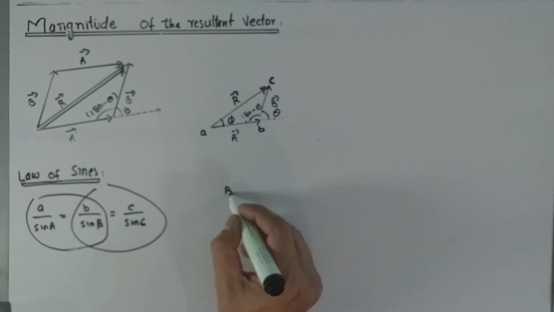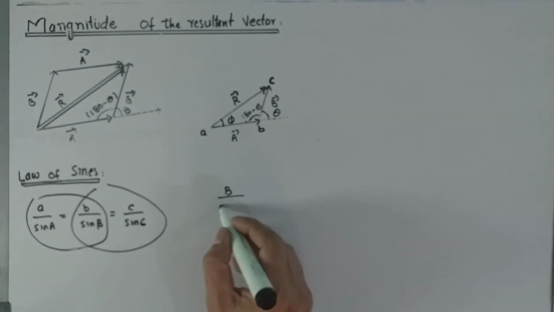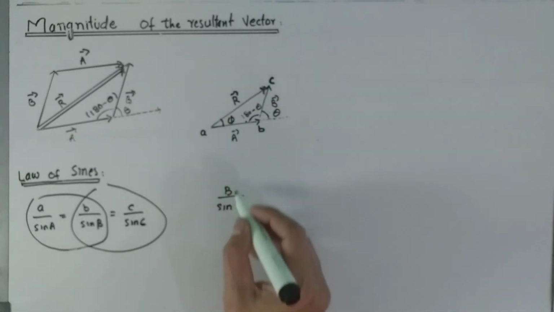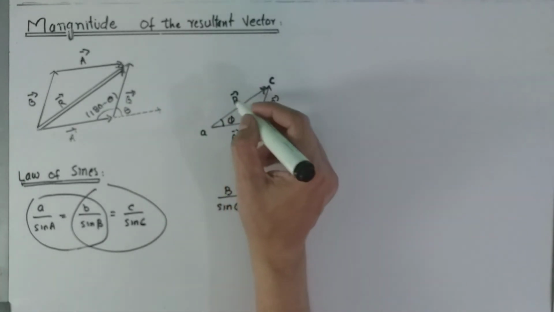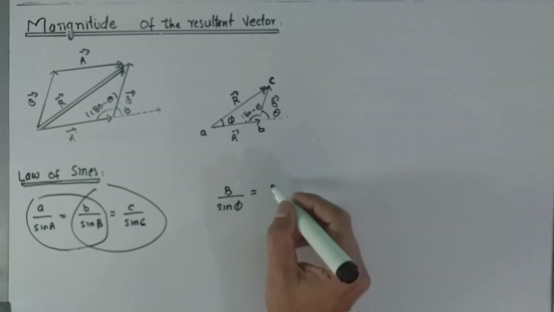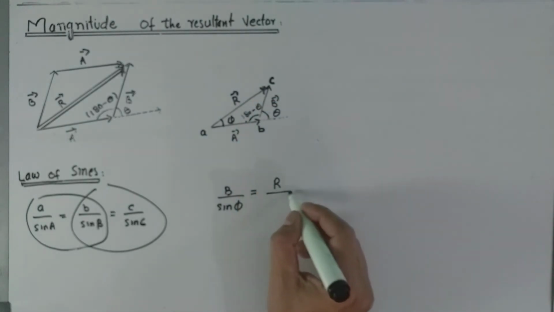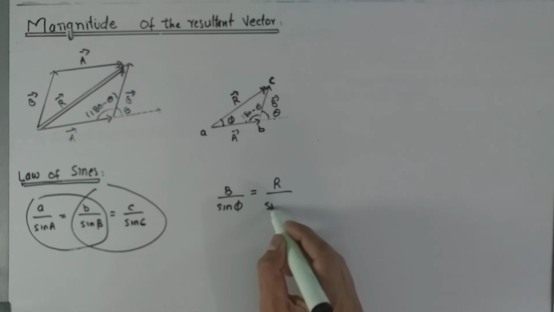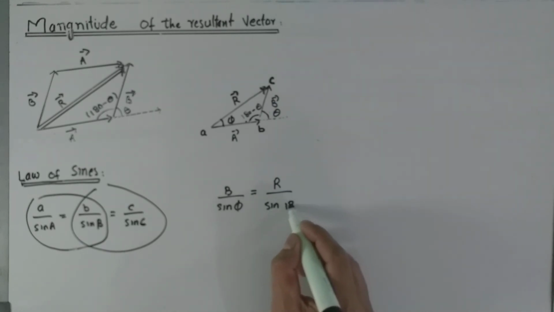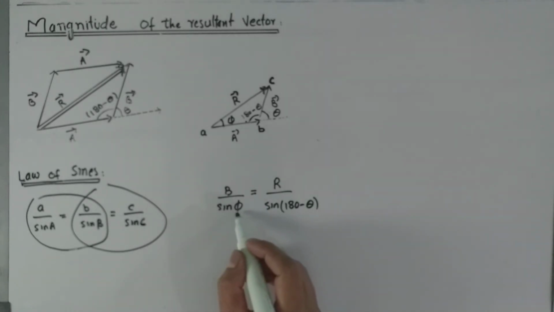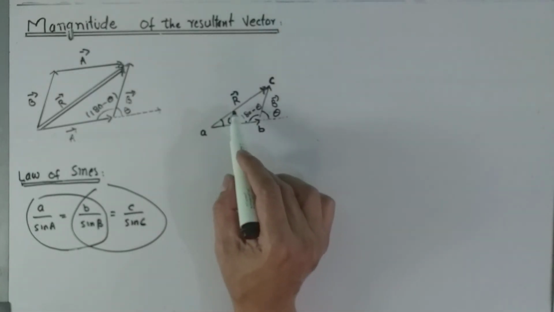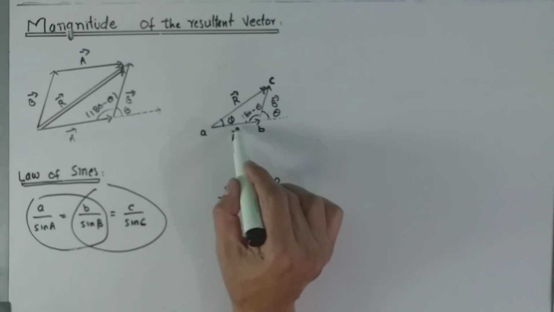So b upon sine of this angle, which is pi, is equal to r, the magnitude of the vector r, upon sine 180 minus theta. Now we need this angle pi, which the resultant vector makes with the vector a.